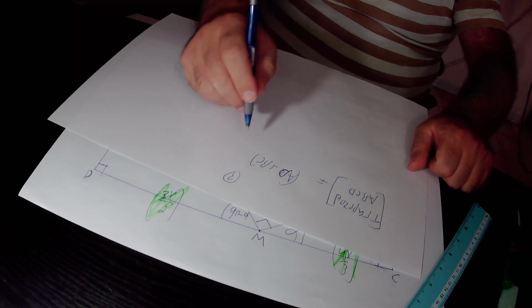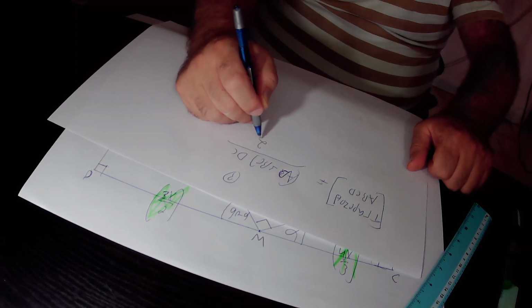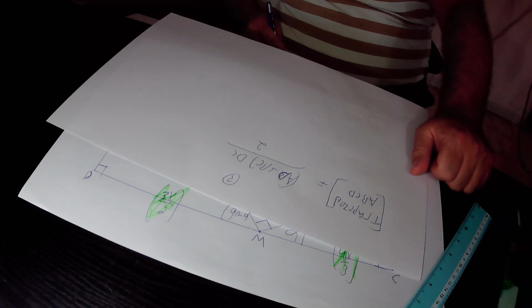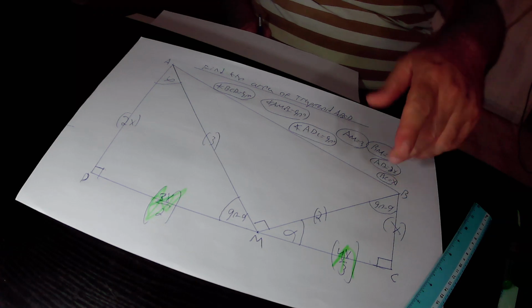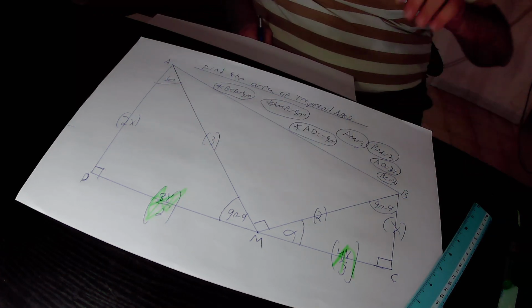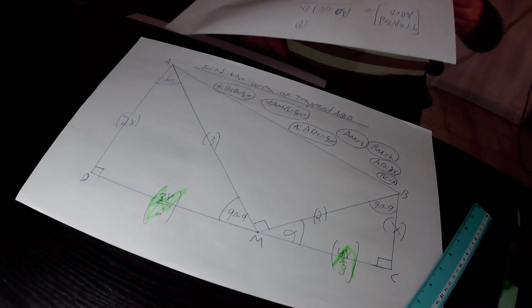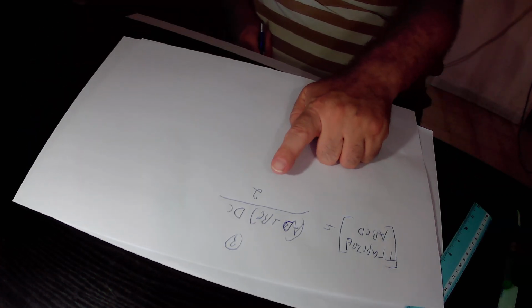To repeat, in total we found that the area of trapezoid ABCD equals AD plus BC, the sum of its two parallel bases, times the height DC, over 2.